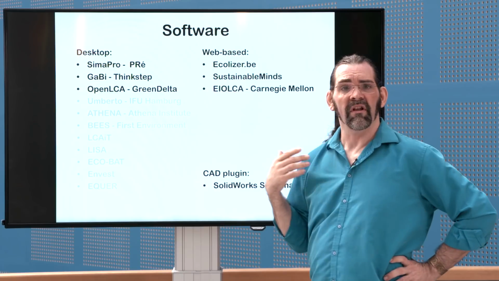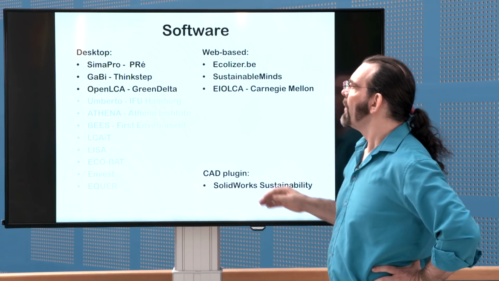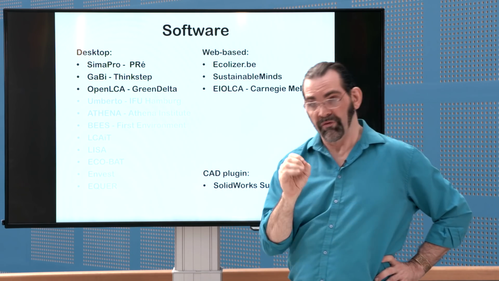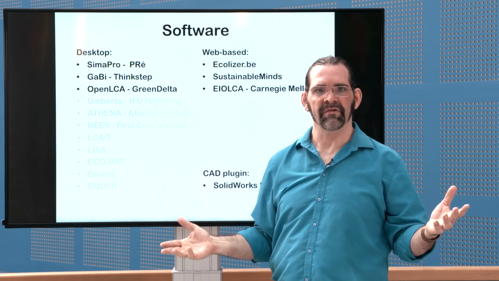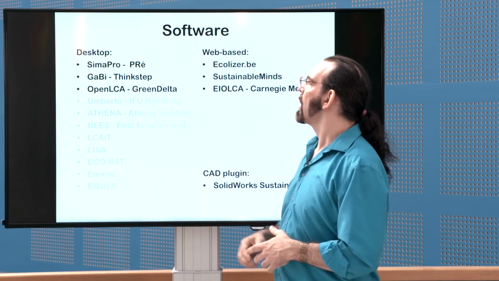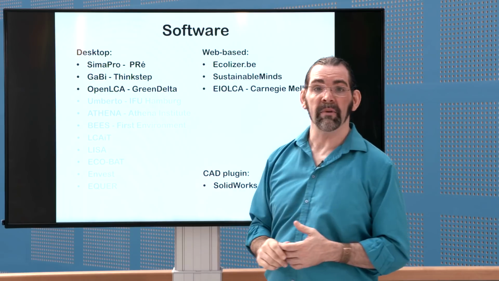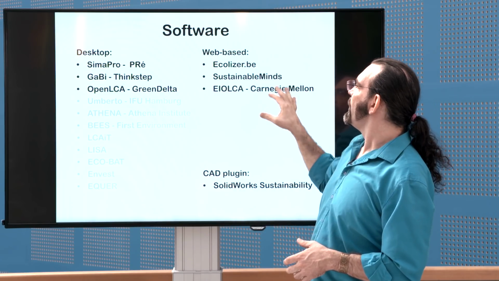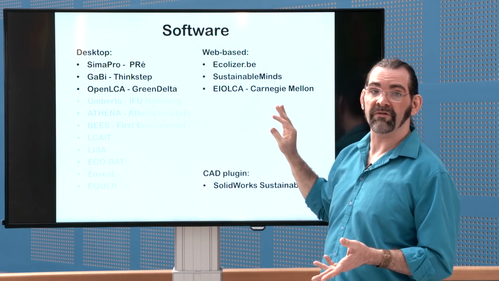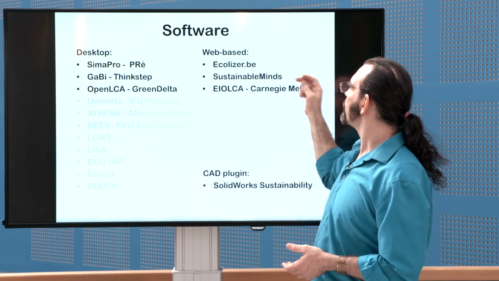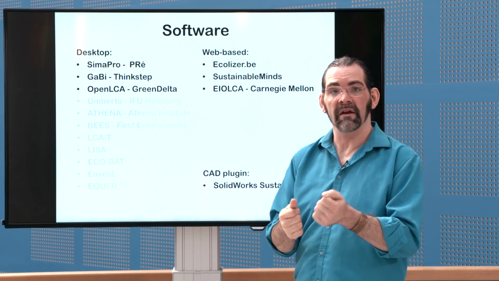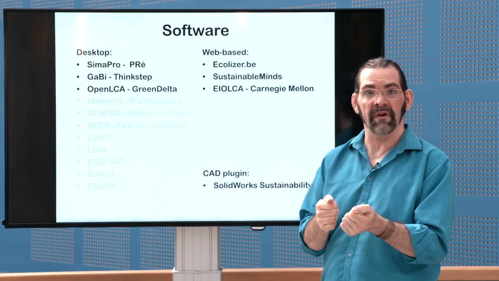And again, there are lots of different kinds of software. The ones that are most frequently used by professionals doing serious, like 3 to 6 month LCAs that are ISO certified and all that are SimaPro and GaBi. And then there are easier, cheaper, web-based ones. Sustainable Minds is the one that I usually recommend to people that are just learning LCA because it's got a nice simple user interface.